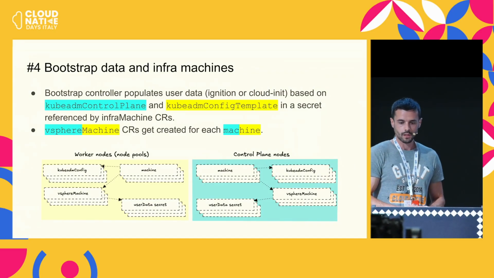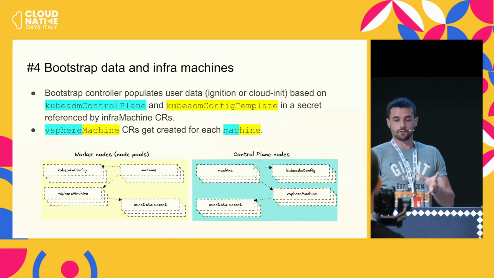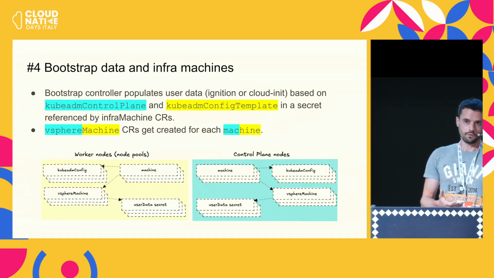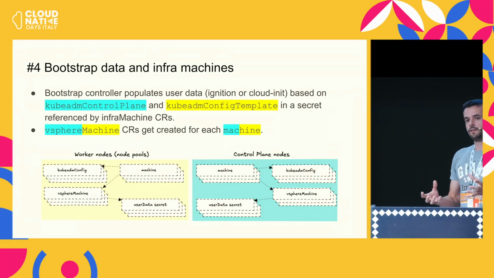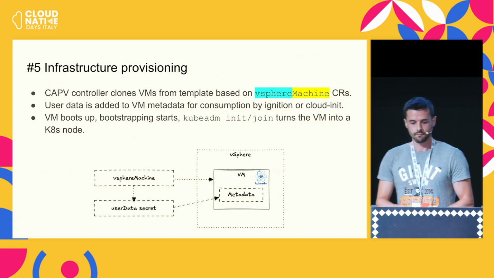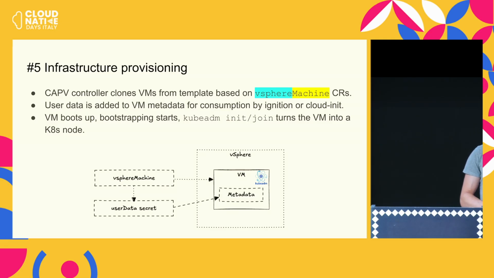This Bootstrap data is attached to the vSphere machine and stored in a secret. We also call it user data, and that is going to be used by Cloud Init or Ignition to initialize the machines into Kubernetes nodes. Once we have done that, the CAPV controller is going to pick up our vSphere machines and use all these properties to clone a template into a VM.